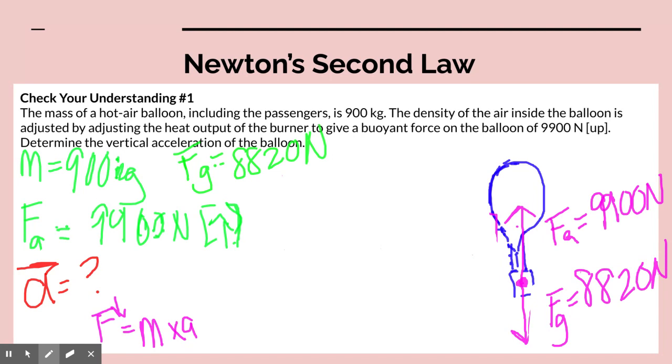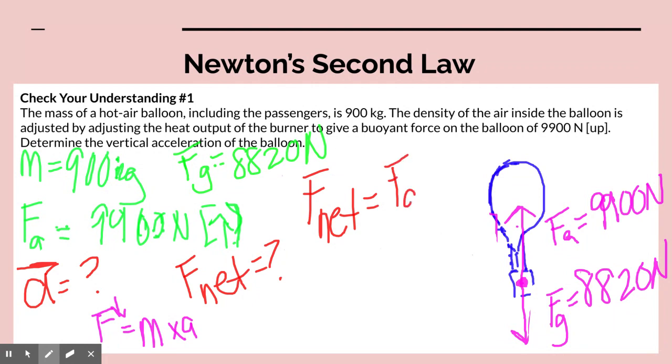We're looking for the net force, because in order to find the acceleration and to know which direction it's accelerating in, we have to find the net force. So how do we find the net force? In this case, the net force is going to be the applied force minus the force due to gravity.